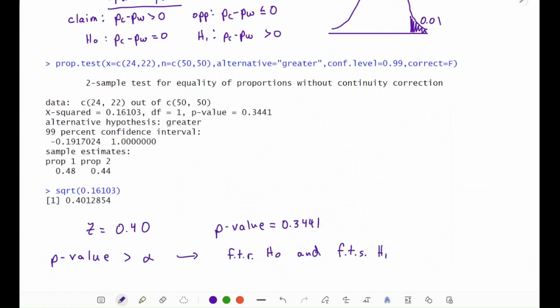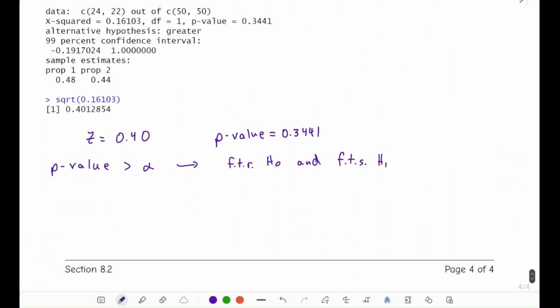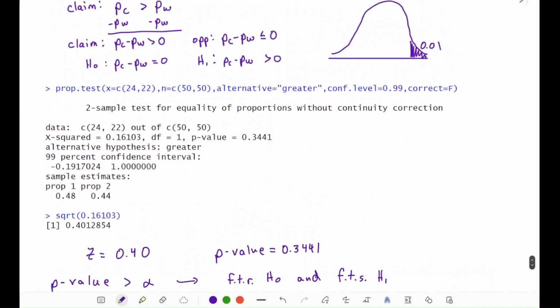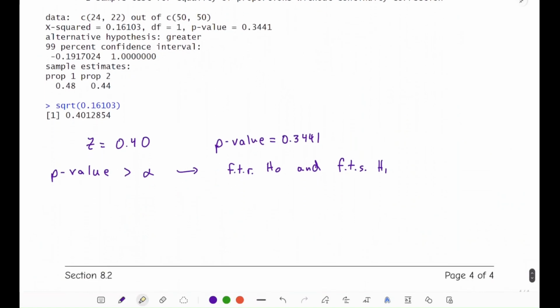So there's my decision. But again, the conclusion should always be about the claim, not the hypotheses. So if I go back up to the top, the claim matched the alternative again. So we fail to support the claim.